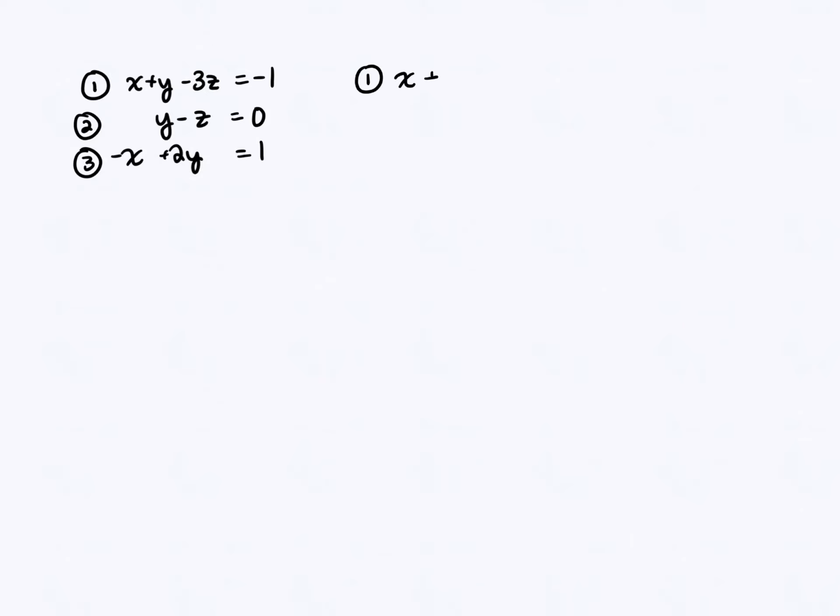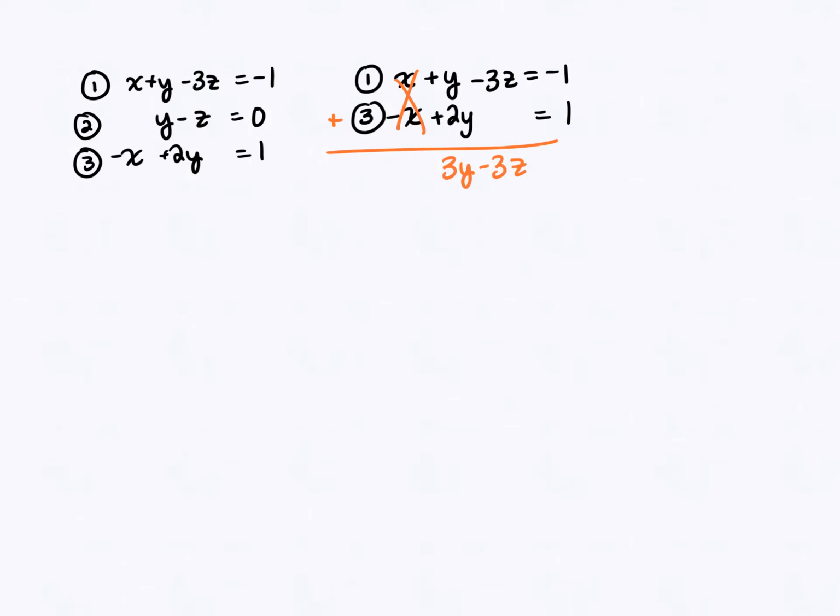So if I take the first and the third equation and I eliminate x. Okay, so let's add these together. And since it's already positive 1x and negative 1x, those are going to actually add up to be 0. So what we end up with is 3y minus 3z equals 0. So we'll call that equation 4.